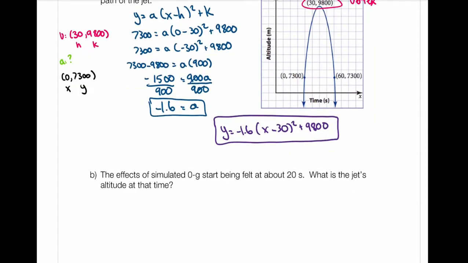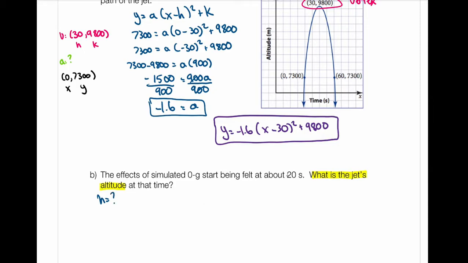Part B now asks, the effects of simulated zero-G start being felt at about 20 seconds. What is the jet's altitude at that time? So basically what this question is telling me, we want to know what is the jet's altitude, or what is the h. So h equals question mark.